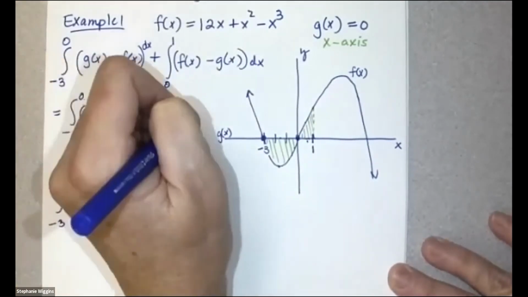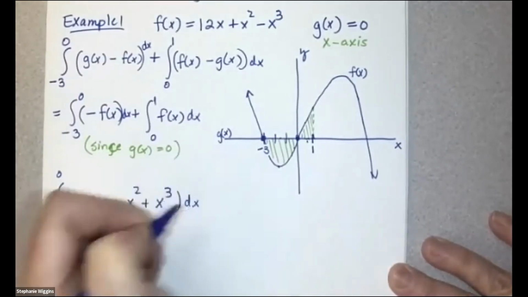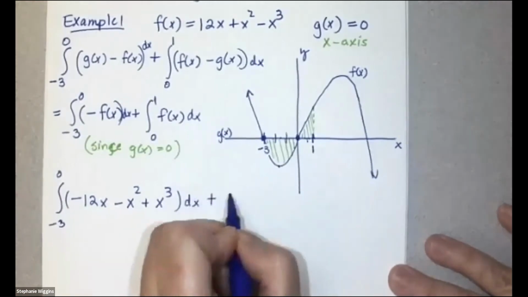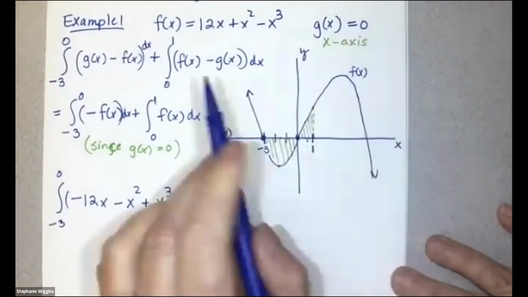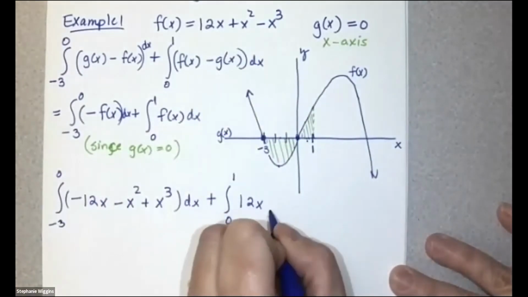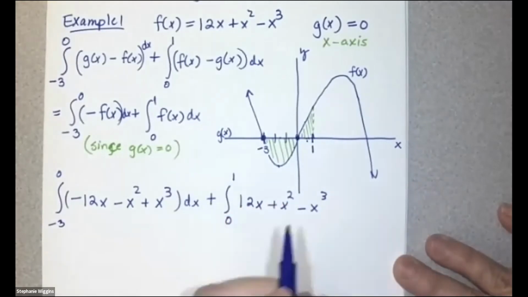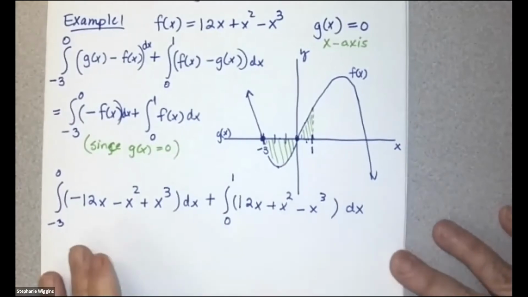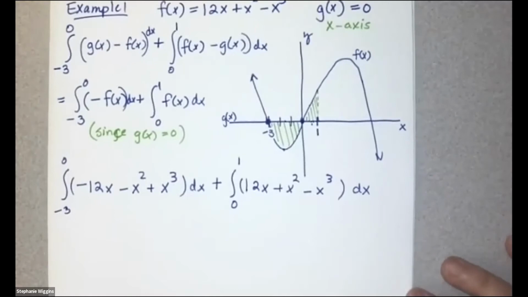So dx, dx, dx. It's a common thing to forget that. And now I take the positive f of x, so it becomes 12x plus x squared minus x cubed dx. There we go. So we're calculating these integrals to find the area.